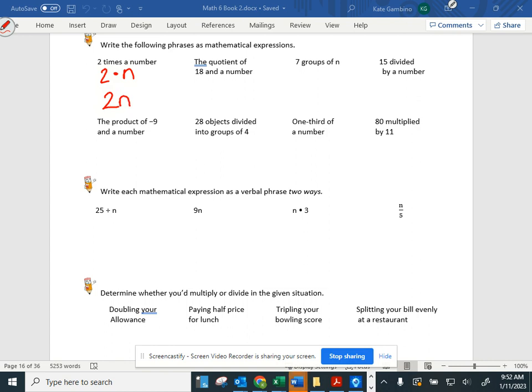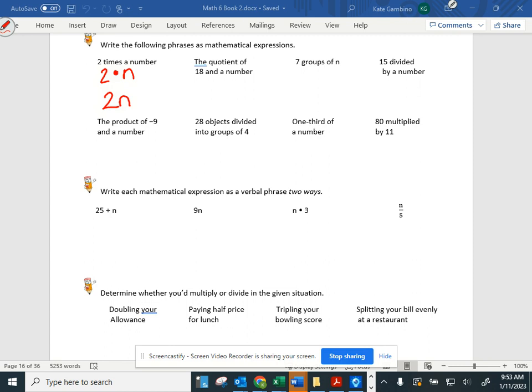When we have that variable or parentheses and there's a number right next to it or another variable right next to it, remember that means we're multiplying, but we don't put the multiplication symbol. We just know that when it's right next to it, we multiply. Okay? So I'll accept 2 times n, but technically it's 2n. And when we do the math test, when we do higher level math, we need to know when we see that, it means that we multiply.